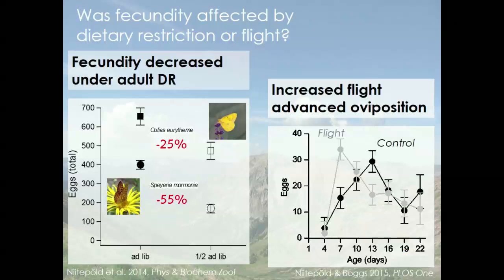We see that in the case of Coleus eurythemi, egg production went down by approximately 25%, whereas in Spirea mormonia, the decrease in the number of eggs laid under food restriction was over 50%. So when we gave them 50% food, they laid only 50% of the eggs of the controls.